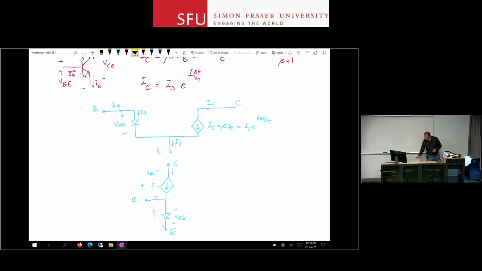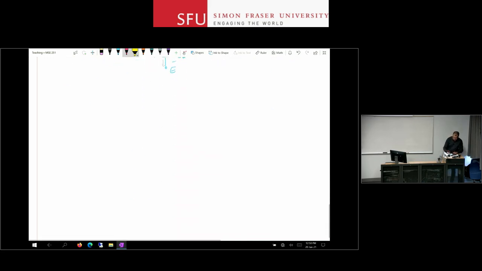Now, in terms of the IV characteristics for this device, let's look at one situation here. So this is my transistor again, VBE and VBC. And what I'm doing here is that I'm going to apply a set of voltages from outside to this device and measure the currents and see what happens, right?